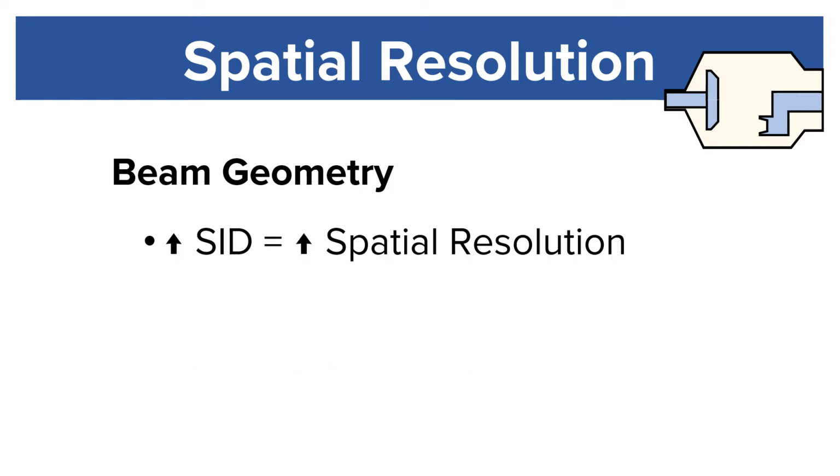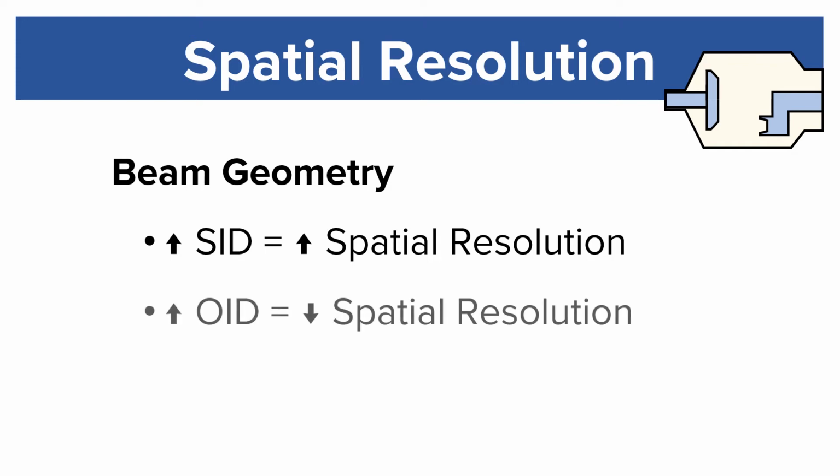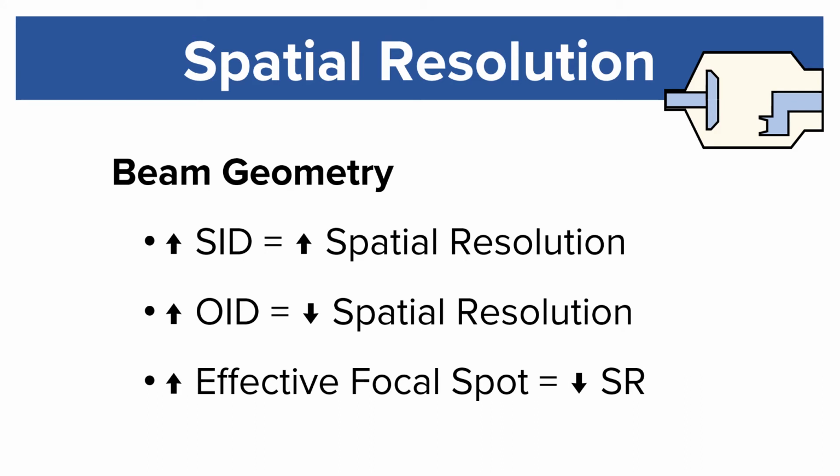Increasing SID increases spatial resolution because it decreases penumbra. Increasing OID decreases spatial resolution because it increases penumbra. Increasing the effective focal spot decreases spatial resolution because it increases penumbra.